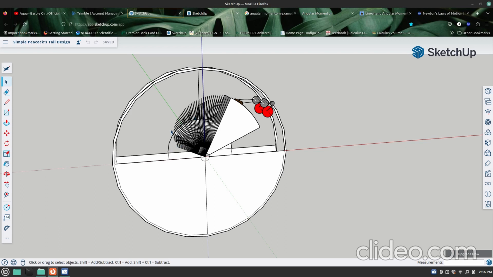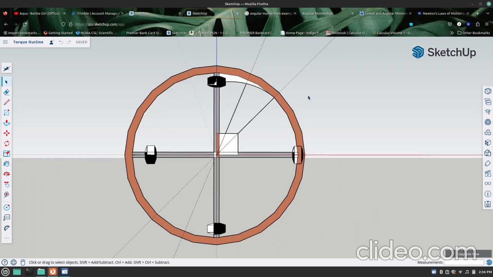So then when the weight is increasing in velocity because of the downward force of gravity, that is linear momentum. For actual literal purposes, when this weight is rotating in a circle around the axle of the wheel, it is also linear momentum.